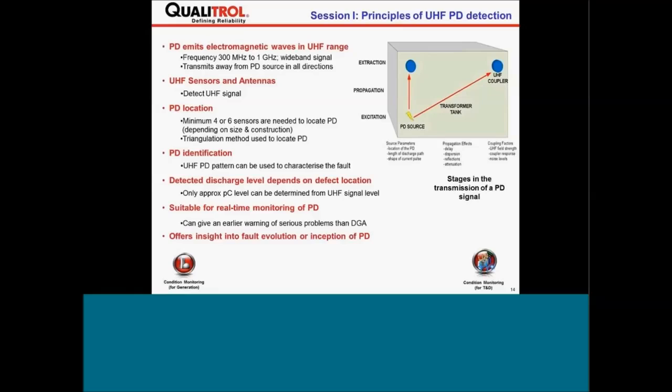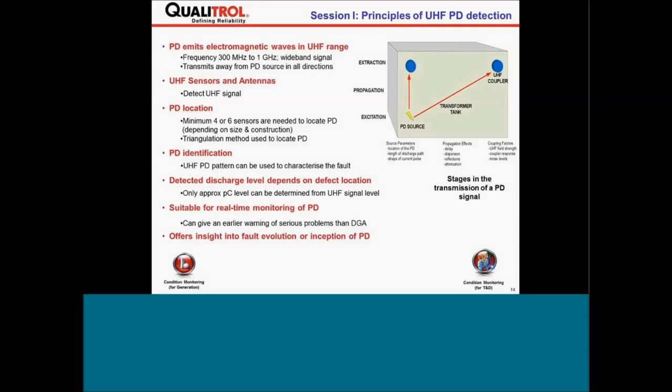It transmits in all directions from the source, so we place couplers at various positions on the tank, which we'll talk about later, and there the signal will be picked up and indicate that some PD activity is happening. The actual sensors themselves we'll talk about in a few slides from now. I won't get into detail here.